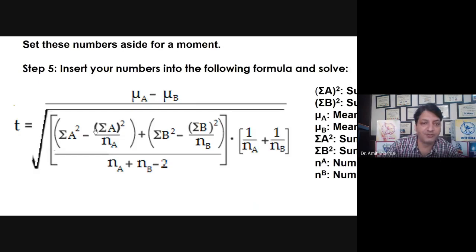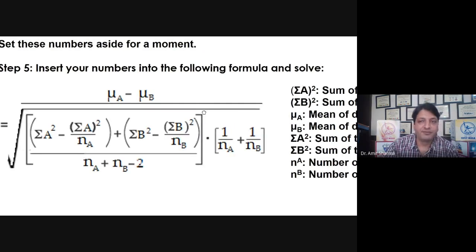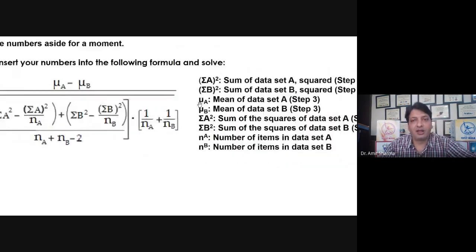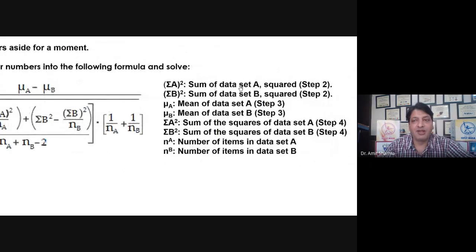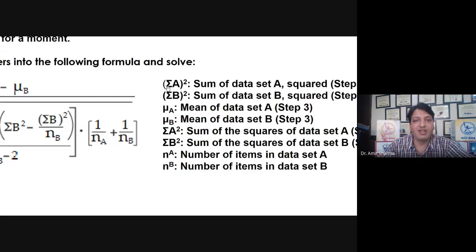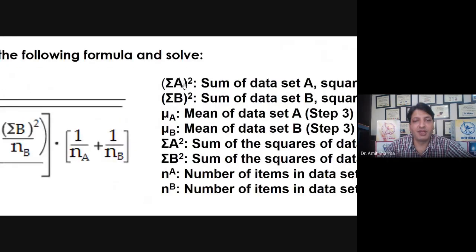We will keep this aside for a moment, and this is the explanation of all the values which I have added into the formula. For example, in step 1 we have calculated the sum of data set A and the sum of data set B. This will be represented with a formula as sum of A square and sum of B square.